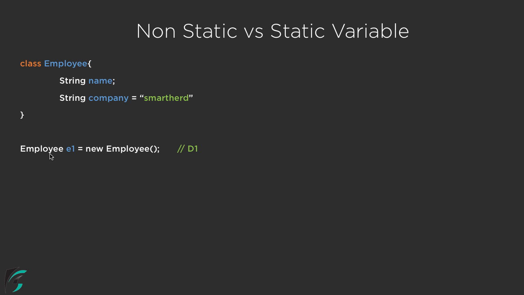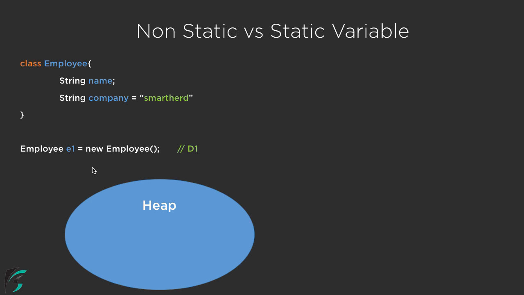Here, if I create Employee E1 equal to new Employee, then inside the heap memory we will have a D1 object created, with the field variables string name and string company. Similarly, inside the stack memory we will have the E1 reference variable, which simply points to the D1 object in the heap memory.